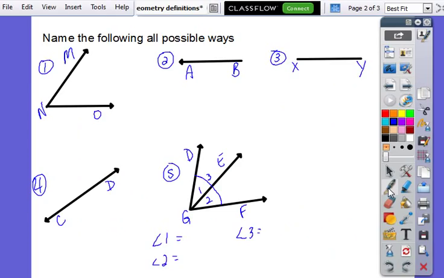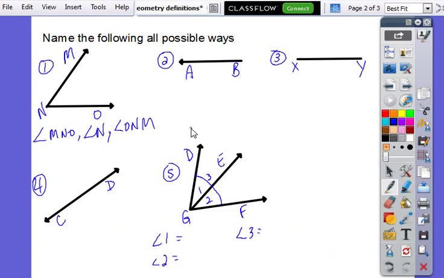M, N, O. All right, do the little angle symbol, and MNO would work. What's another one? Angle N would work, and then angle O-N-M, ONM. Any of those three would work.